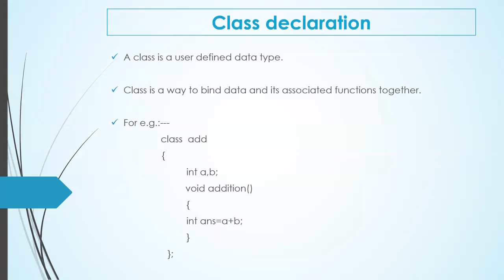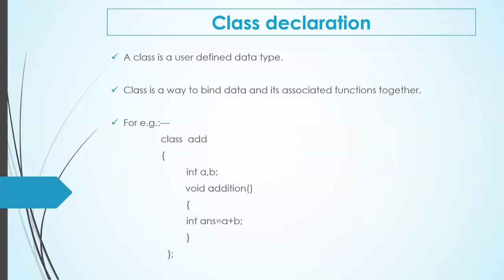Second one, class declaration. A class is a user-defined data type. Class is a way to bind data and its associated functions together. For example, class add. Here my class name is add, which is going to perform addition.